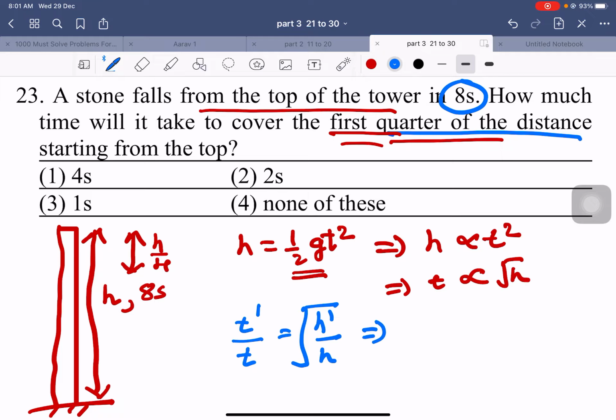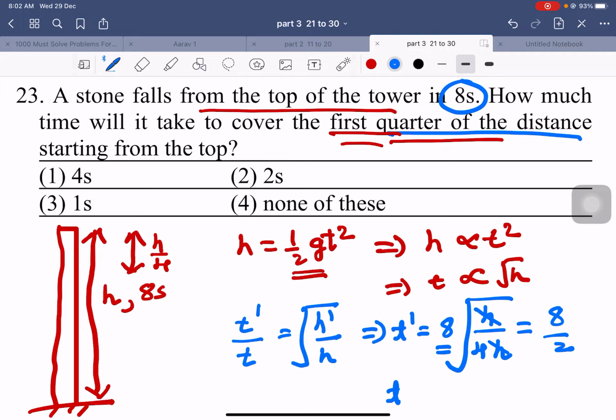So t prime is equal to t, which is 8, into the square root of h prime, h by 4, divided by h. The h gets cancelled. So that is equal to square root of 1 by 4, which is 1 by 2. So 8 by 2, t prime is equal to 4 seconds.